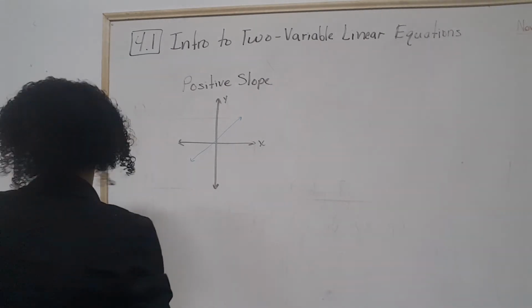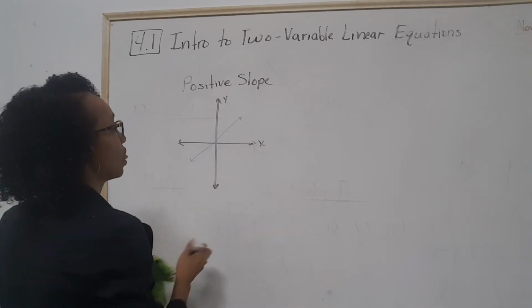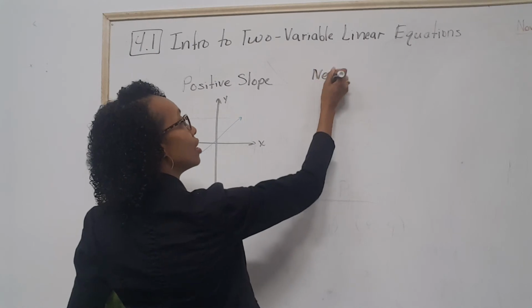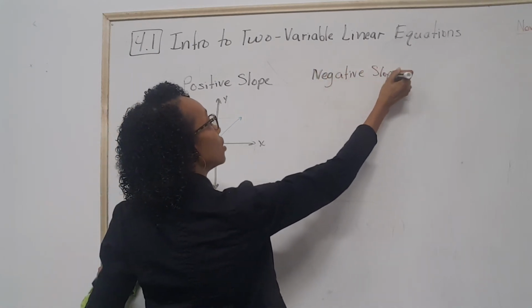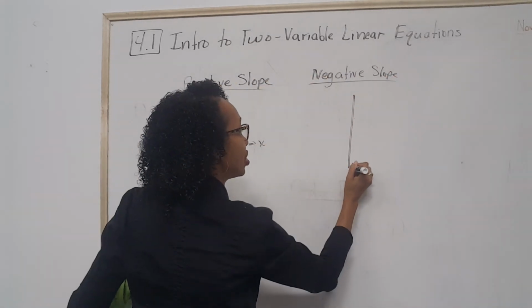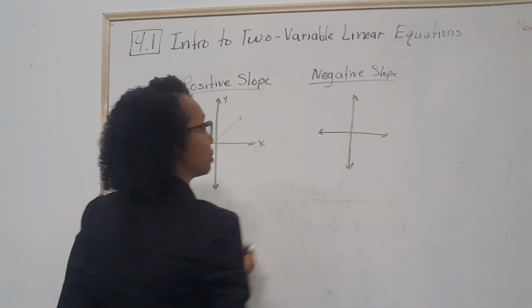Now, if we have, instead of positive, a negative slope, kind of the opposite of what we just showed. Sorry, it's not quite the same size.